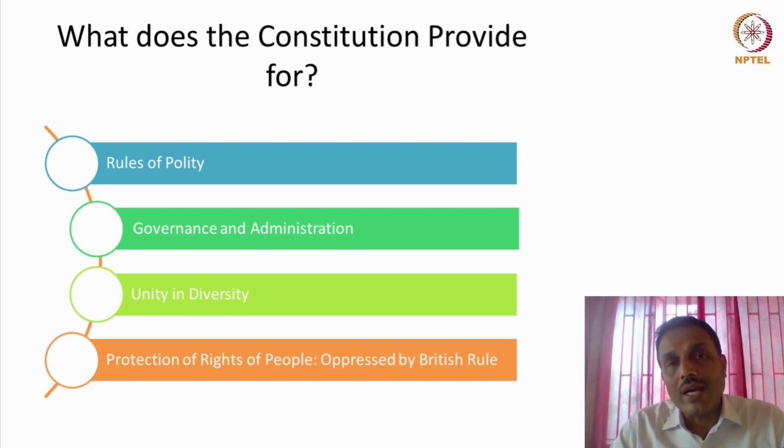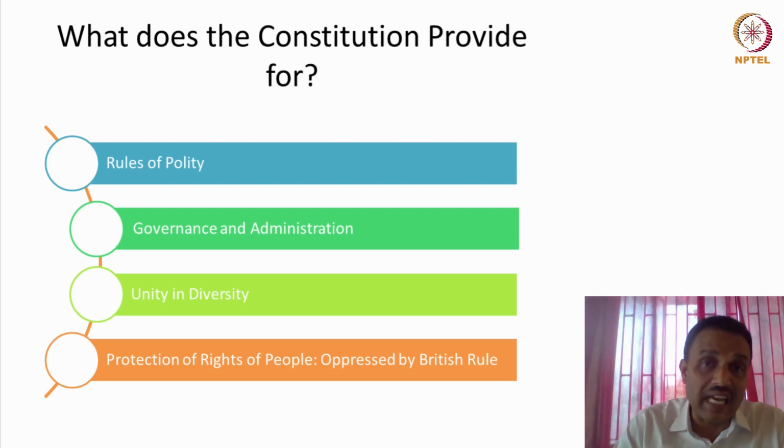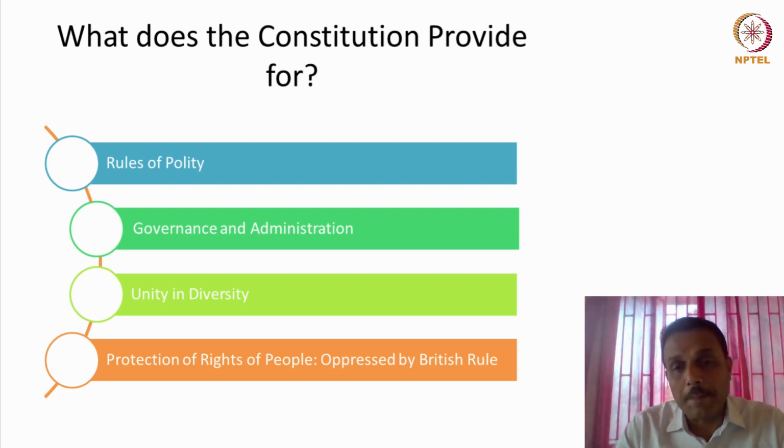So I think the rules of the polity is what the Constitution provides for: governance and administration, unity in diversity, and protection of the rights of people. I think the Constitution is a document that actually gets into some of these aspects, along with the duties of citizens and duties of the state. The directive principles of state policy are precisely what the duty of the state is to be.